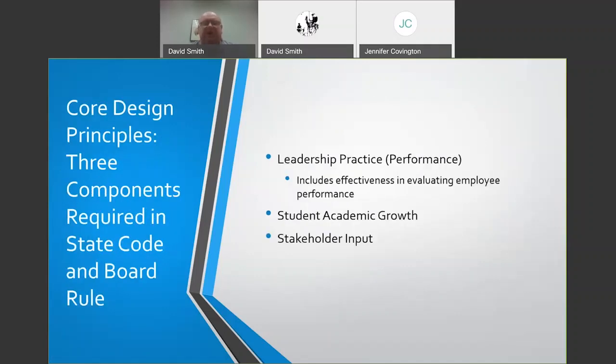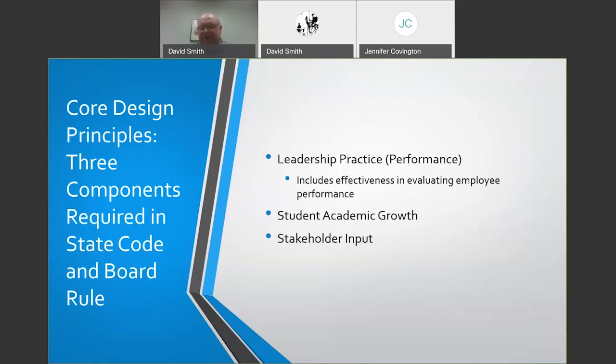So, first of all, one of the core design principles is that the evaluation system has to contain the 3 components that are required in state code and board rule. And those 3 components are leadership practice, which is the performance score, and that includes, by the way, effectiveness in evaluating employee performance. That was one of the caveats that was put into board rule.